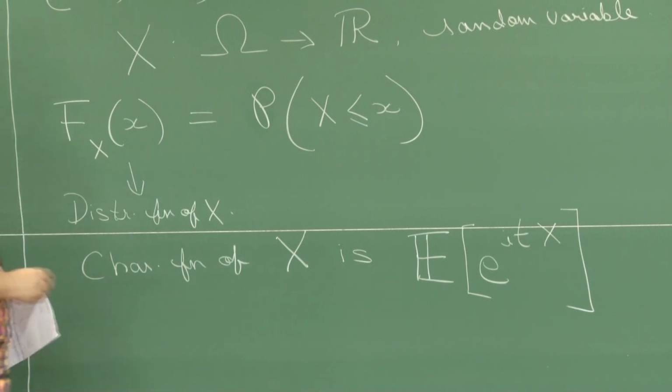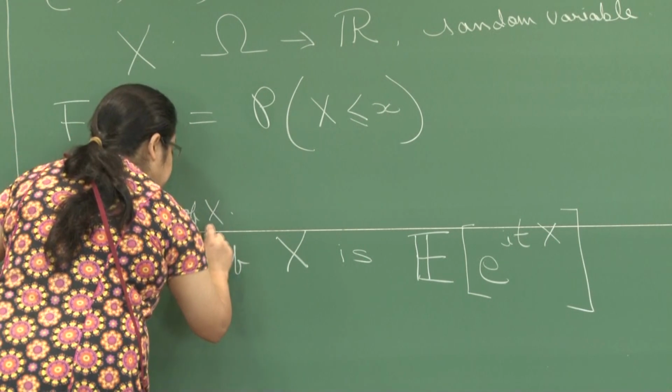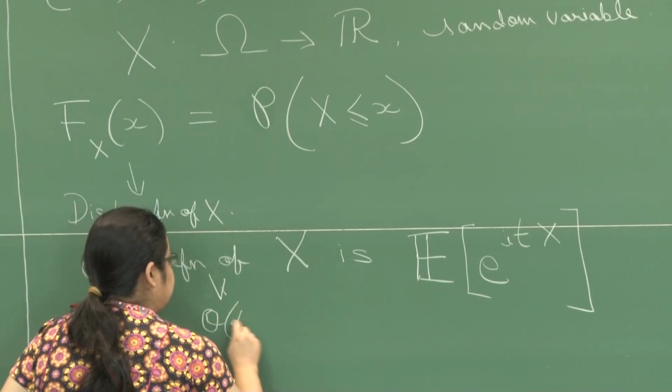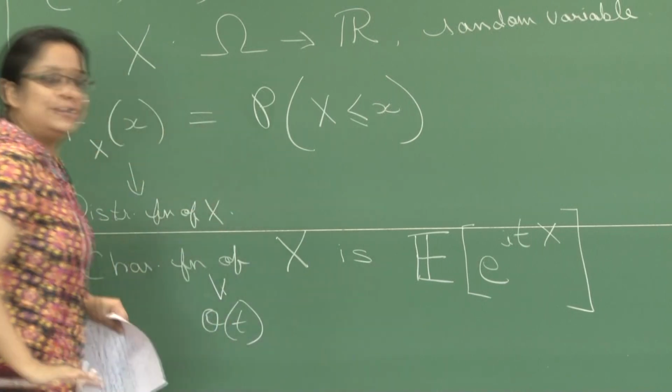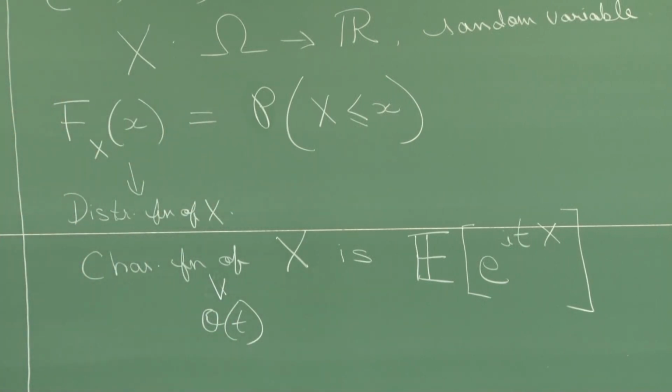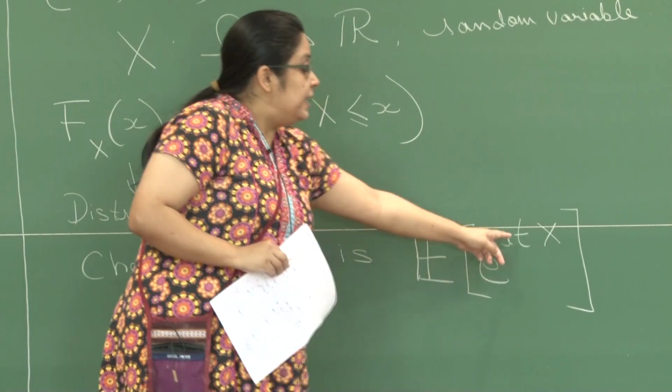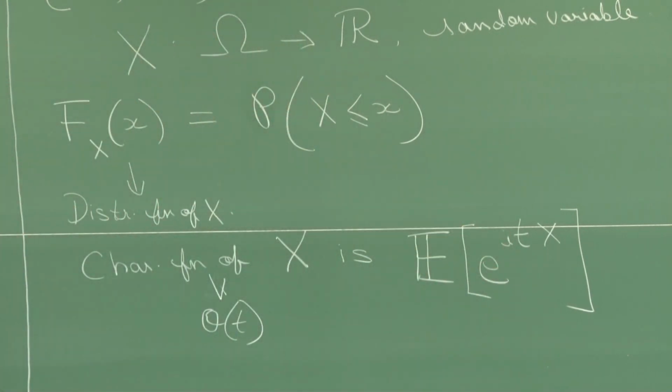This characteristic function is denoted as phi of t, not to be confused with the Euler-Phi function.